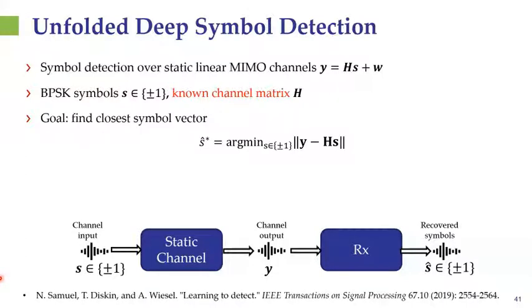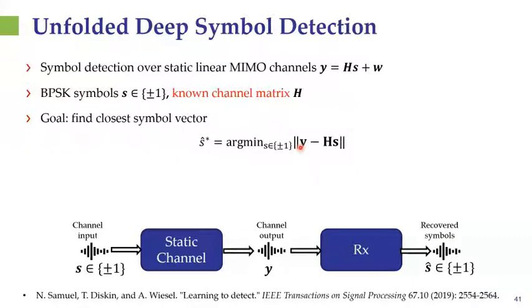Now, assuming that the noise is Gaussian and IID, we know that the maximum likelihood sequence detector is simply the one which finds the minimum distance symbols, and it boils down to this optimization problem in which we're trying to recover the symbol vector which, after applying the channel to it, will be the closest to our observed channel outputs.